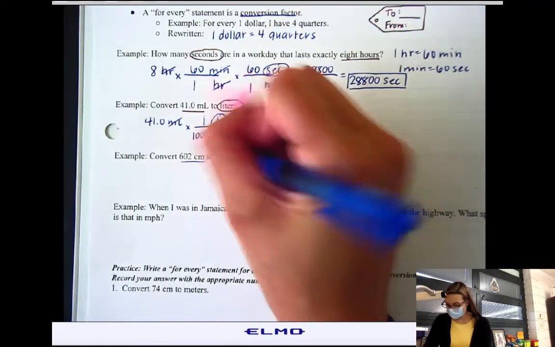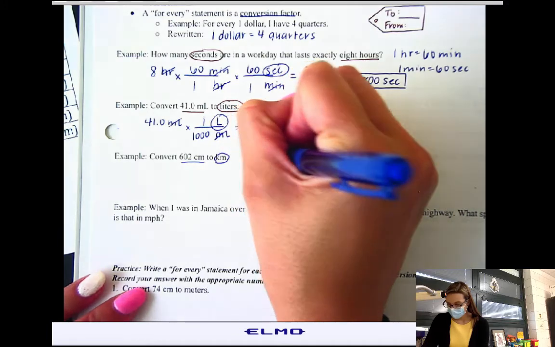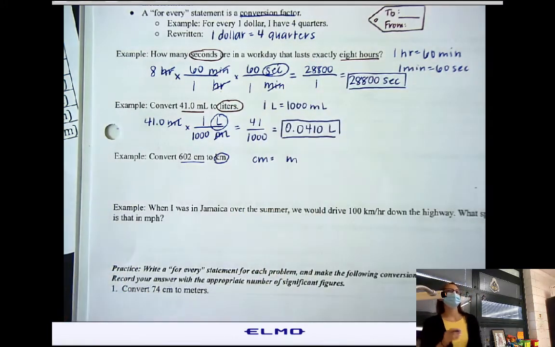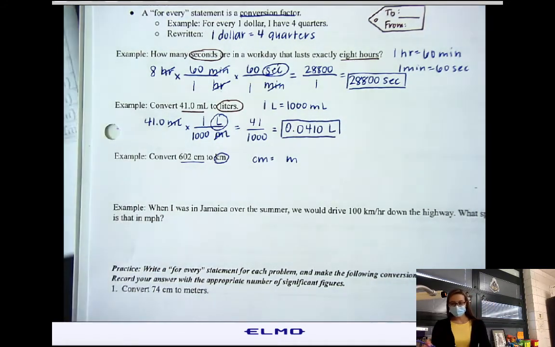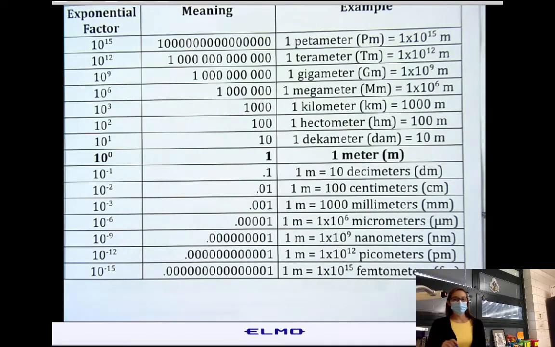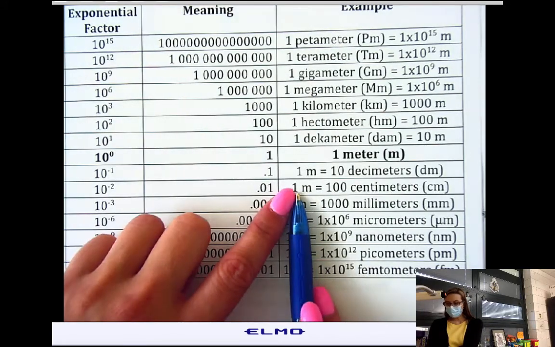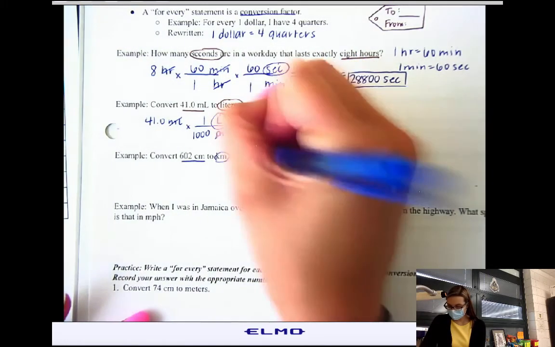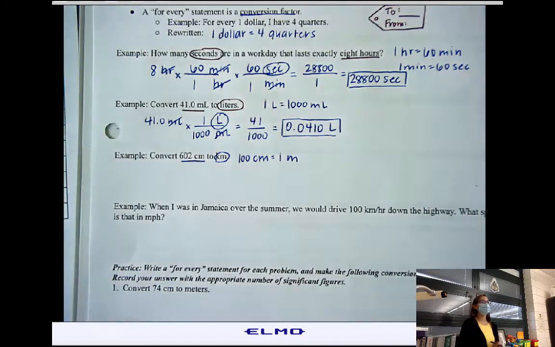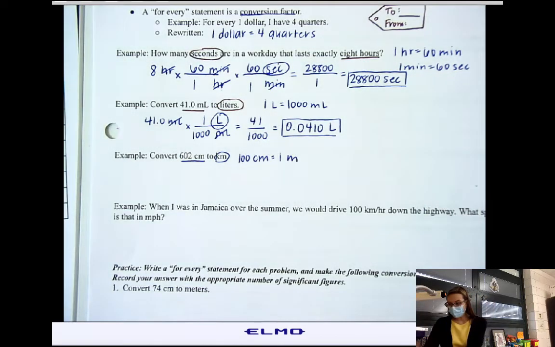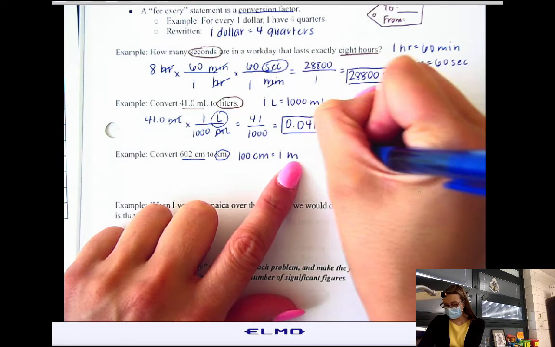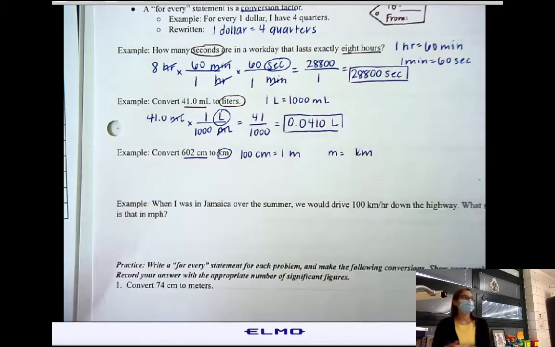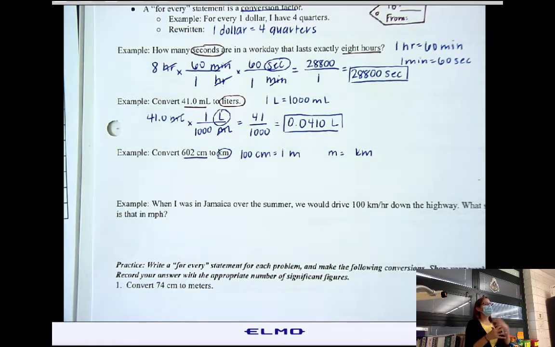So that means if we have centimeters, I want to find the conversion between centimeters and meters because meters is the base unit. So if you look at your metric system paper, here's the conversion. 1 meter is 100 centimeters. So 1 meter for 100 centimeters. And then once you're at the base unit, which is meters, then you can go back out to the other prefix. It just helps with the conversions.